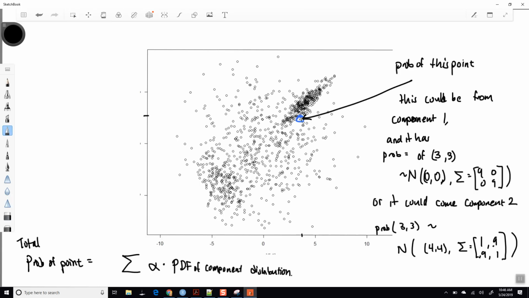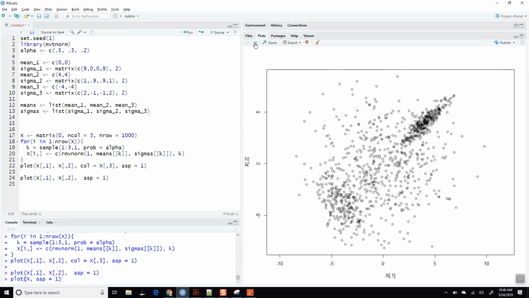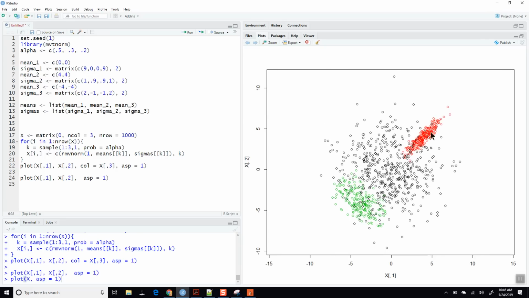If we knew, if we had the answers labeled, and I said we've got a mixture of 3 components, figure out the mean and sigma matrix of this component, that's easy. You just take the mean of the points that belong to it, and take the MLE estimate of the sigma. You do the same thing for the others. But we're in this situation where everything's unlabeled and we don't know which one each point belongs to.